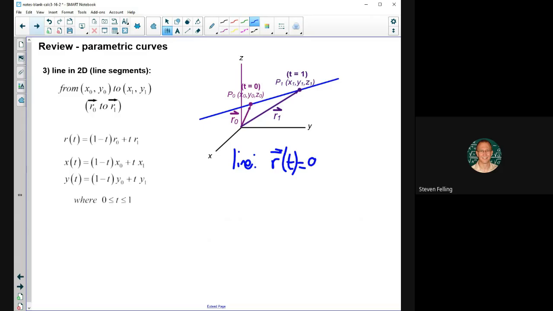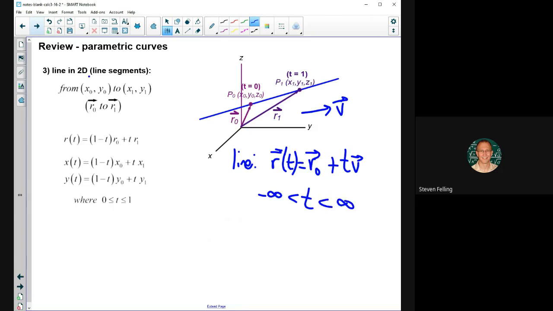So maybe we could call it r0. Let's call it r0 a vector from the origin to an initial point, and then we have to mix in a parameter times v, where v is some vector that's in the direction of the line, okay? And then in that case, if we want the entire line, the parameter goes from negative infinity to infinity, right?